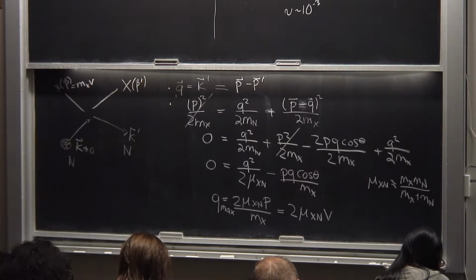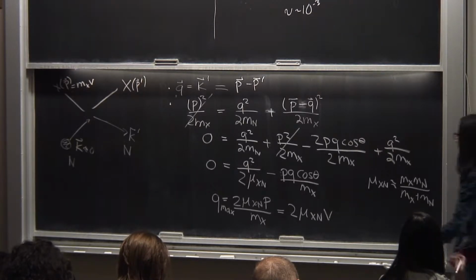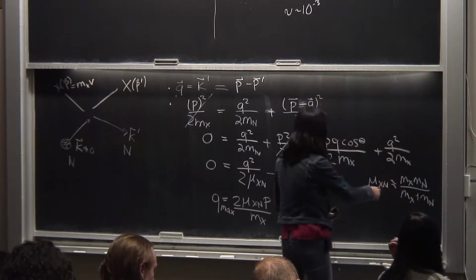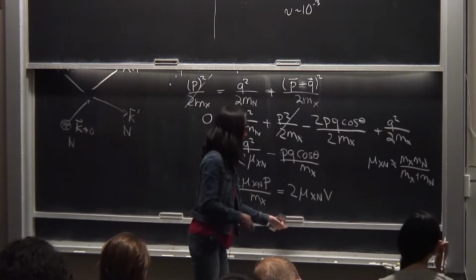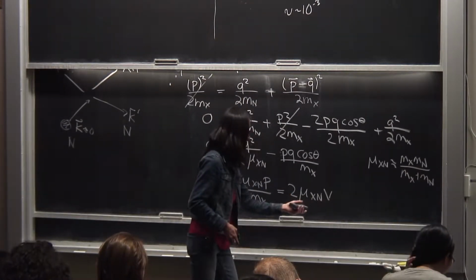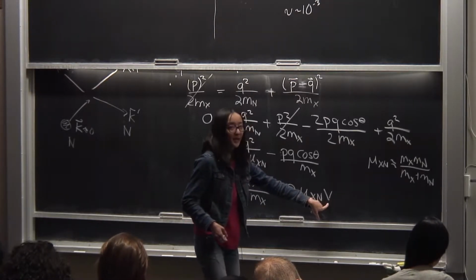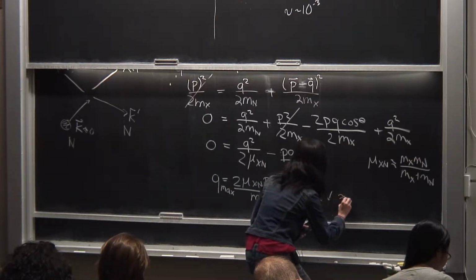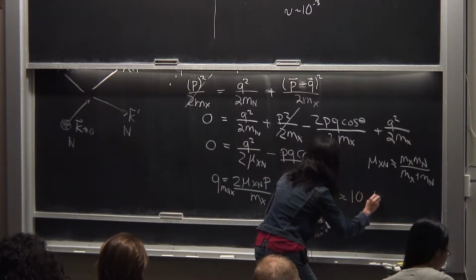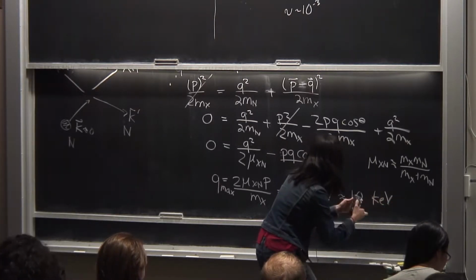Okay, so let's plug in some typical numbers. If my dark matter mass and my target mass are both around 10 GeV, then my reduced mass, let's just pick an arbitrary number, is around 10 GeV. And the dark matter velocity is about 10 to the minus 3. This is going to be on the order of 10, 20 MeV.